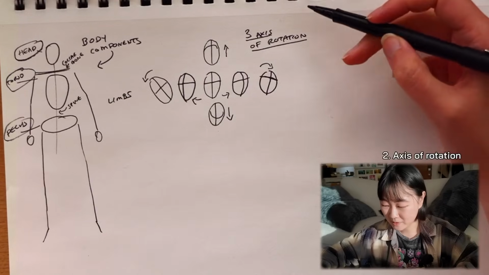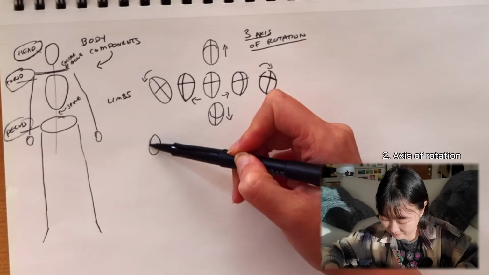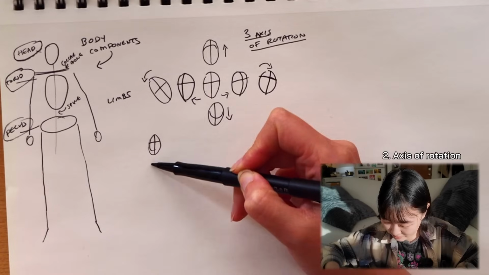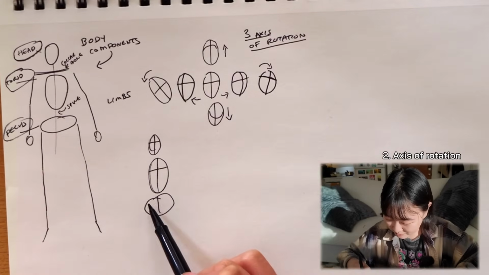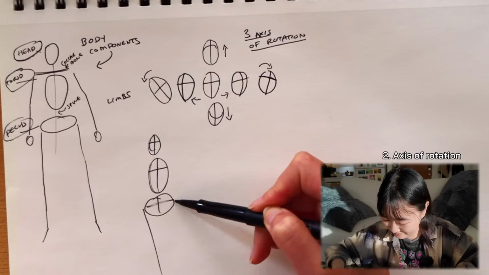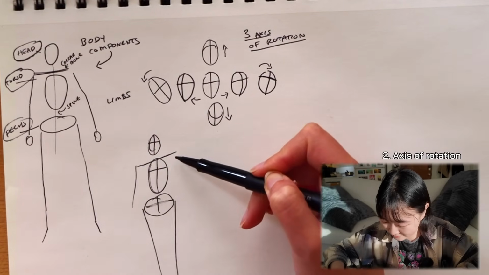So for example, if you have a character that is kind of just like this, just standing straight up, and all of their 3 components are kind of facing the same, this is kind of stiff.